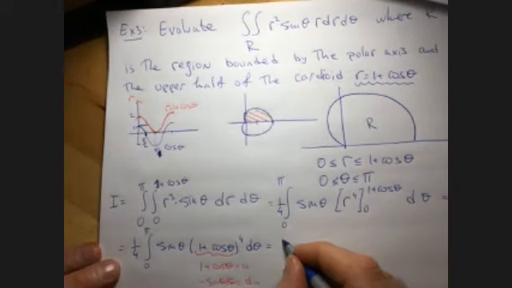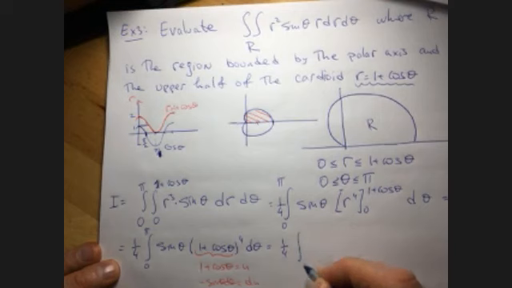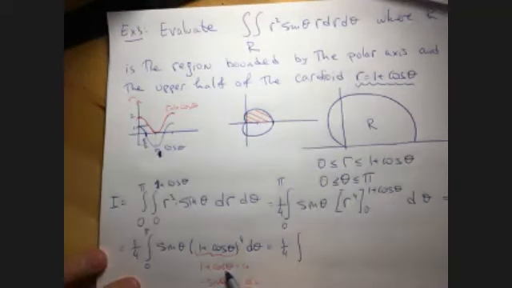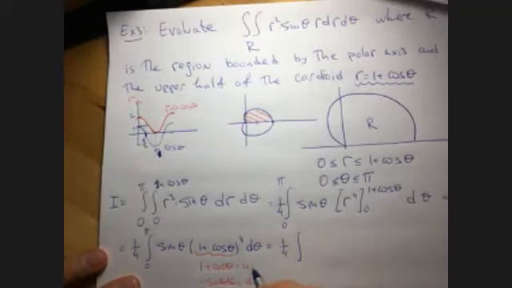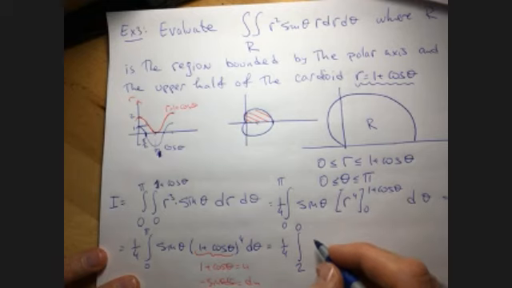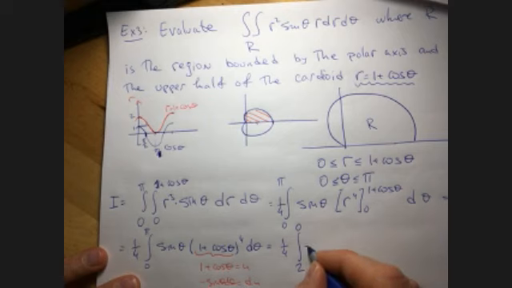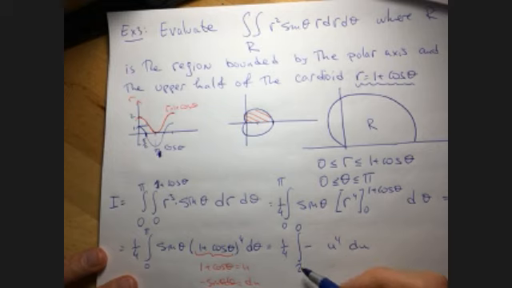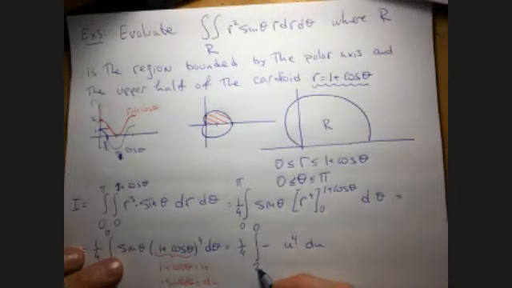which brings me to 1/4 integral. When theta is 0, cosine is 1, so I get 1 plus 1 is 2. And when theta is pi, I get 1 minus 1 is 0. Negative sine theta d theta becomes negative du, and here I have u to the power of 4. Of course, I need to flip the order of integration in order to start with a smaller value and end up with a bigger value.